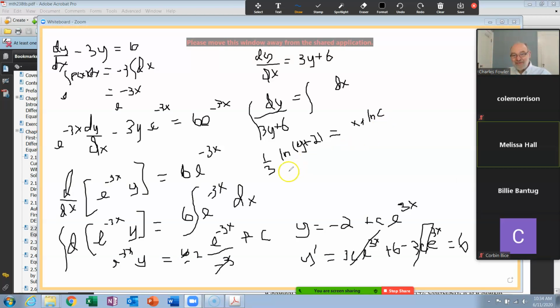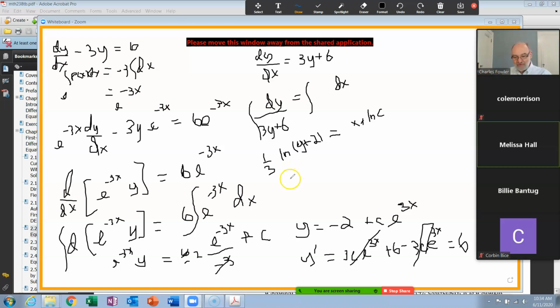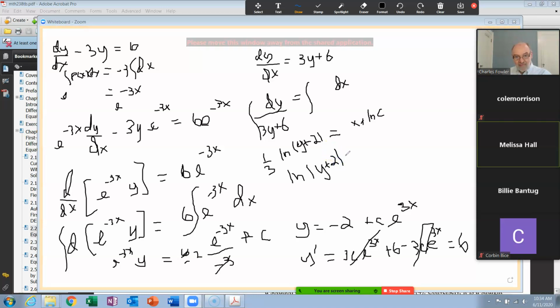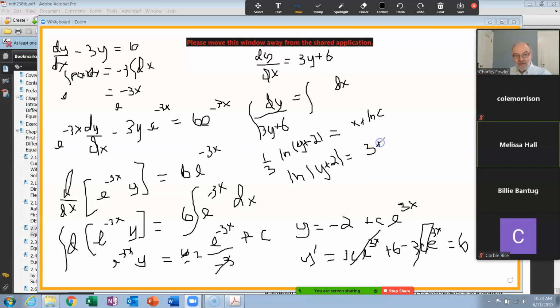Now, what I'm going to do is multiply both sides by 3. In fact, I'm not quite as foresightful as I thought I was, because this would just give me a log of, well, to keep the absolute value, y plus 2. And that's equal to, now I wish I would have done it slightly differently, but it's still okay, 3x, because I'm multiplying both sides by 3, plus 3 times the log of c, which is really the same as log of c cubed, right?